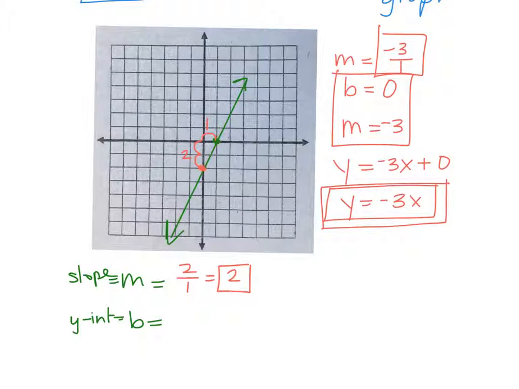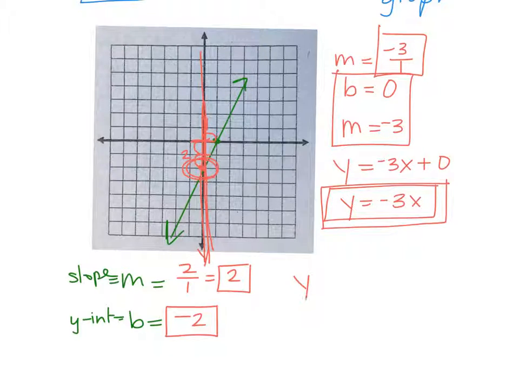My y-intercept is what? Remember, this is my y-axis right here. Negative 2, right? We are hitting that y-axis at negative 2. Here's 0, negative 1, negative 2. So my y-intercept is negative 2, and then you're going to take those two values and plug it into slope-intercept form.